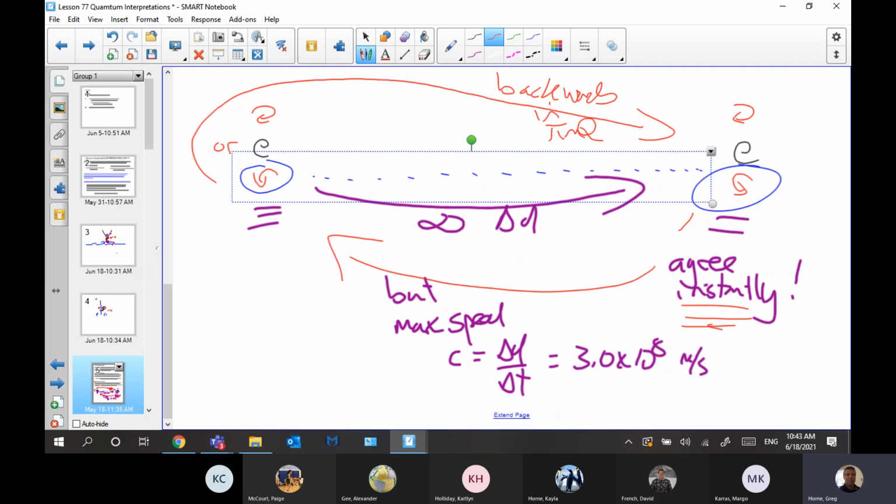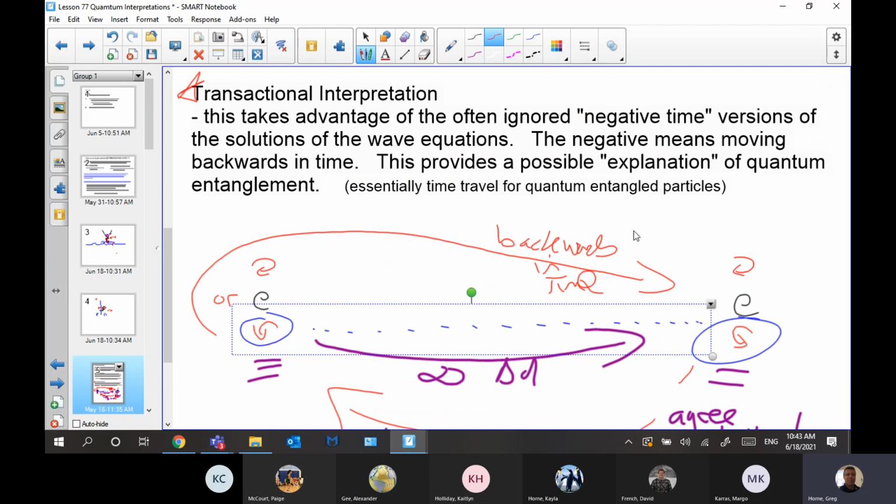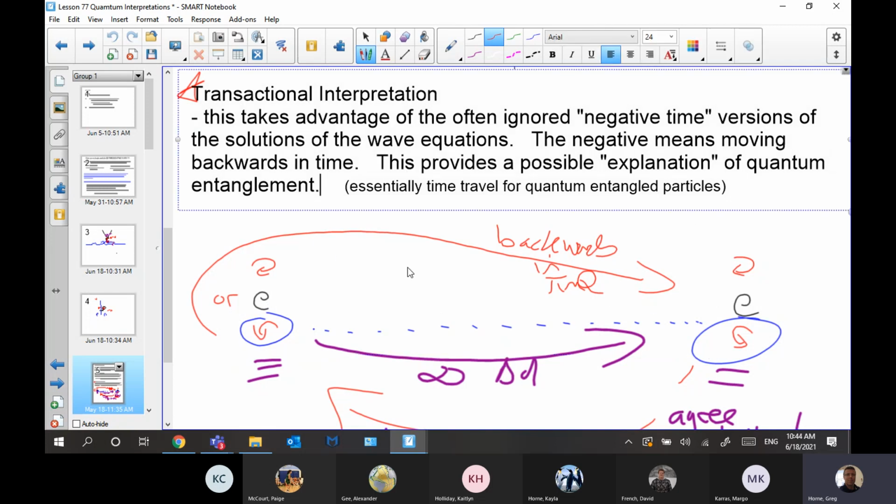So there's like a link between these particles that's on the time scale, not what we're used to. With the transactional interpretation, once they realized, oh, wait a minute, there are these negative times, we could make use of that in terms of quantum entanglement. So that's what that's about.